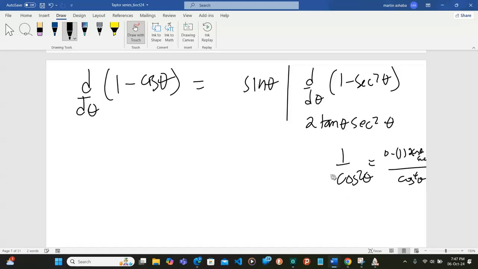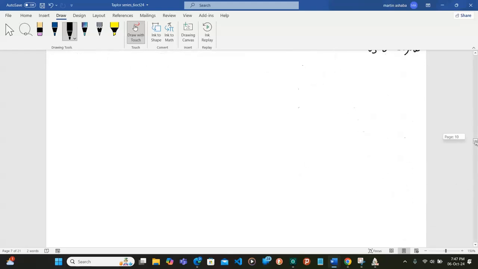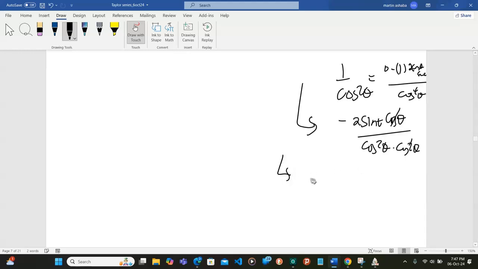So what does that give you? Remember what you have here is negative 2 sin theta cos theta divided by cos squared theta times cos squared theta. So this square goes away with that, and finally you would have negative 2 sin theta over cos theta, times 1 over cos squared theta.